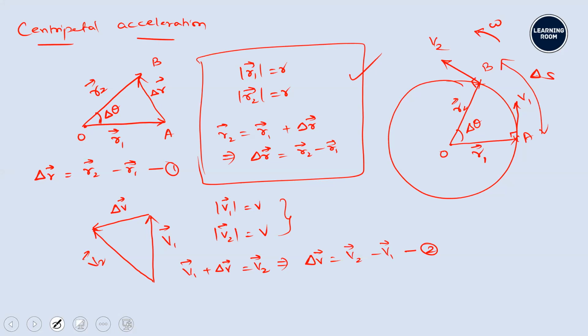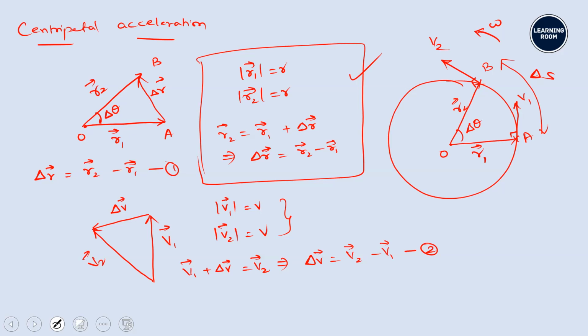Right? So listen to this very carefully. If the angle between 2 vectors is theta, then the angle between their corresponding perpendiculars will also be theta.